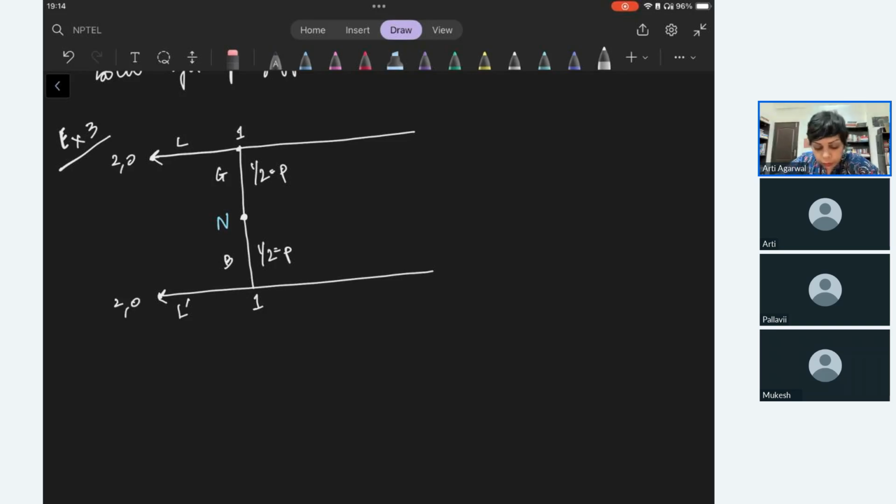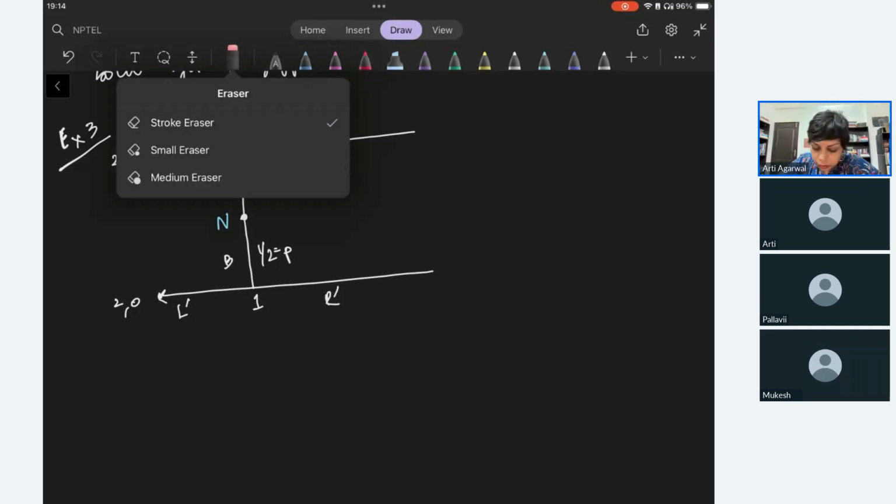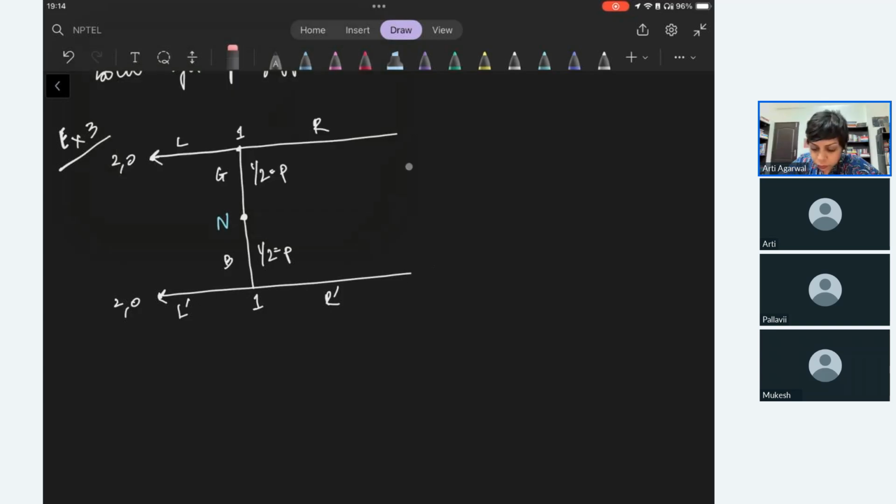Now, instead of L, player 1 can choose R also, or in this case R prime. So if it's of type B, player 1 chooses R prime or L prime, and if it's of type G, player 1 chooses L or R. Now we have a player 2 here, and player 2 is not aware of the type.